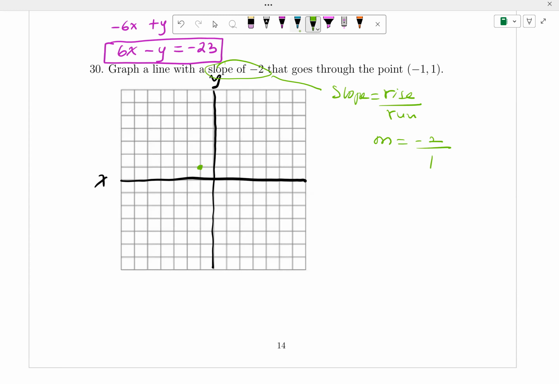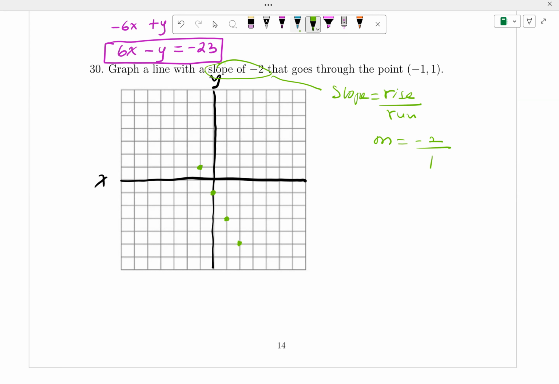And from that point, I use the slope to find the next point. So from that given point, -1, 1, I'm going to go down 2 places, and I'm going down because it's a -2. Down 2 places over 1. Let's repeat this 2 times: down 2 places over 1, down 2 places over 1. You want to have at least 3 points.